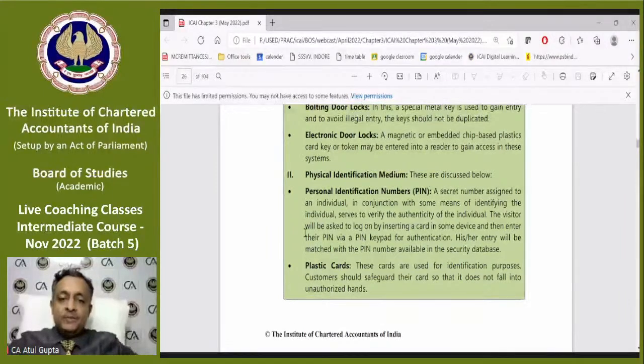It serves as verifying the authenticity of the individual. The visitor will be asked to log on by inserting a card in some device and then enter his or her PIN number. In fact, you go to many companies, they've got that biometric thumb impression identification and an employee code. So that becomes an identification.